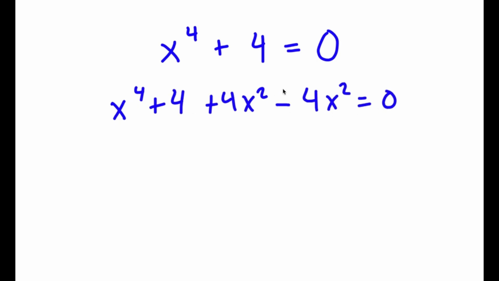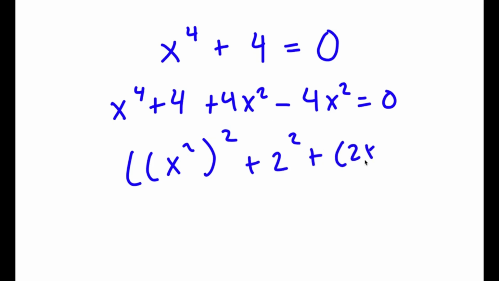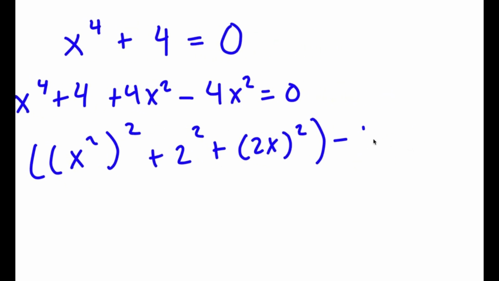So 4x squared minus 4x squared is simply 0, so this doesn't really do any illegal changes. Now, I'm going to rewrite this as x squared to the power of 2. I'm going to write x to the power of 4 as x squared to the power of 2, plus 4 I'm going to write as 2 squared, plus 4x squared I'm going to write as 2x to the power of 2, and I'm going to put this in parentheses, and at the end I simply have minus 4x squared is equal to 0.